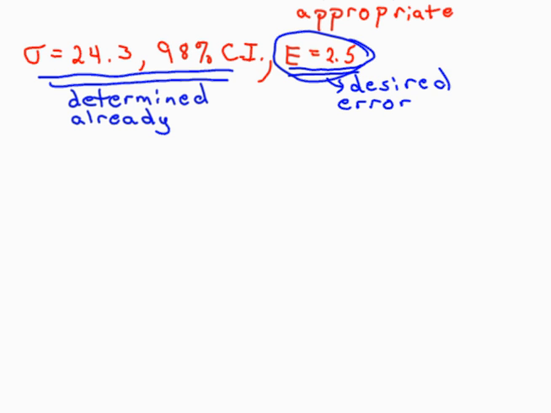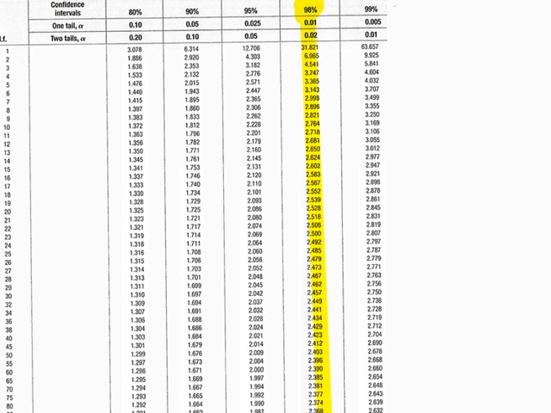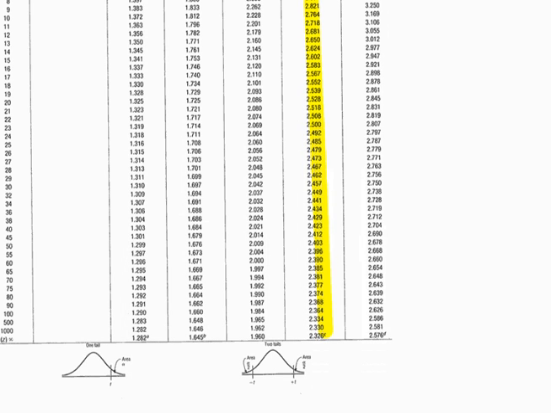Well, when we're getting ready to look at this, a 98% confidence interval gives me a z alpha over 2. And recall, I can go to that t-distribution table and run down to the 98% confidence interval at the bottom, and I will find my corresponding z-score, 2.326.